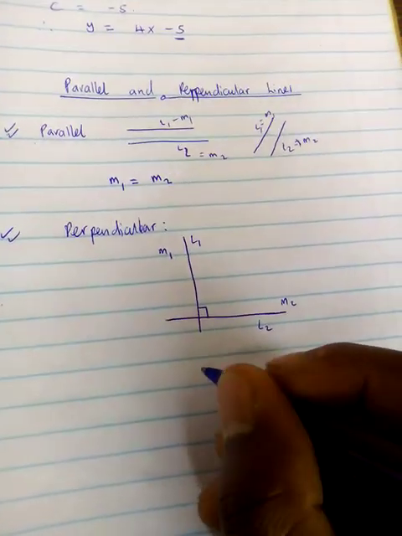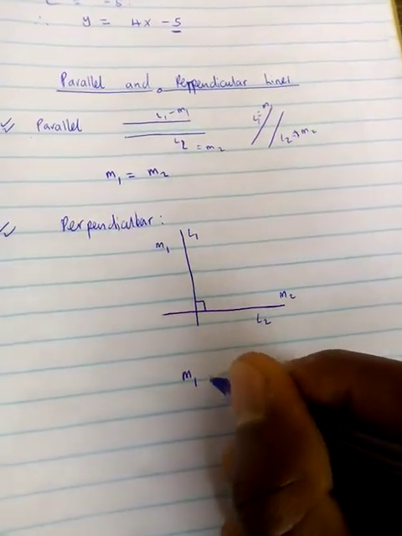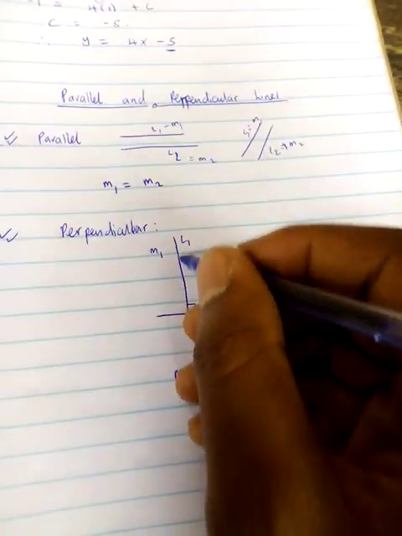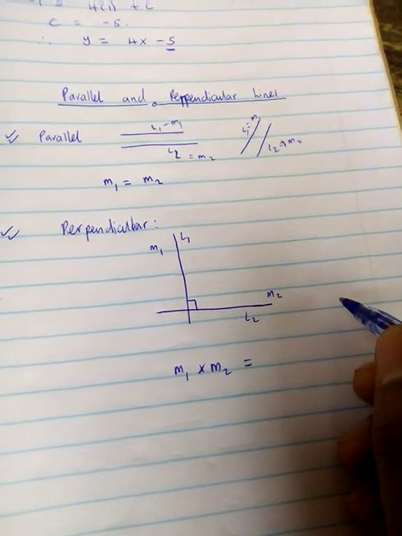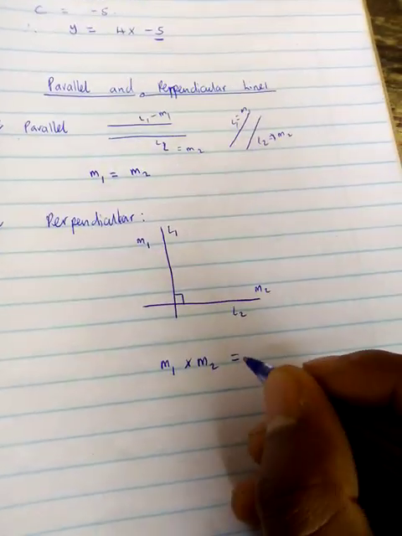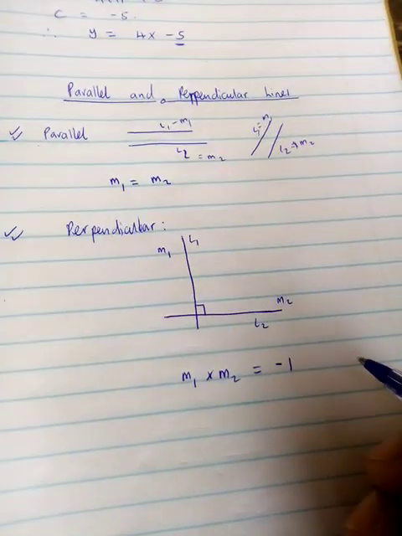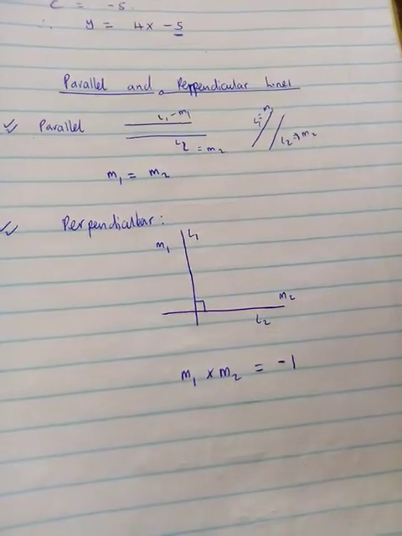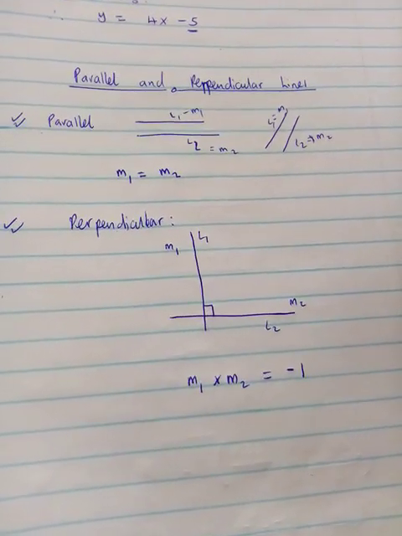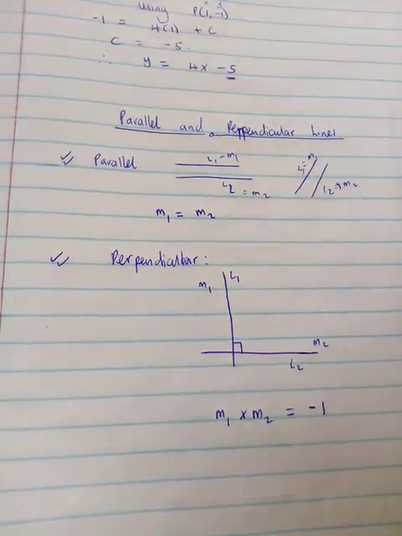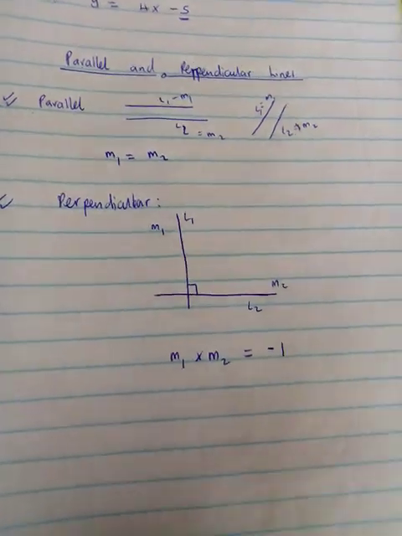The product of their gradients, m1 and m2, is -1. In other words, the gradient of one line is the negative reciprocal of the gradient of the other. As simple as that.